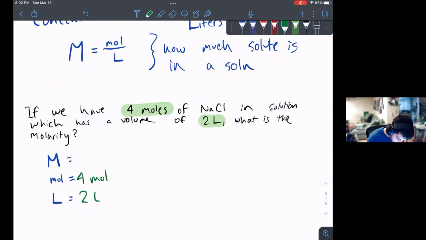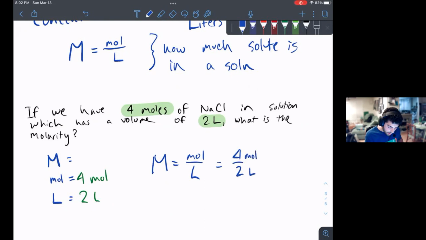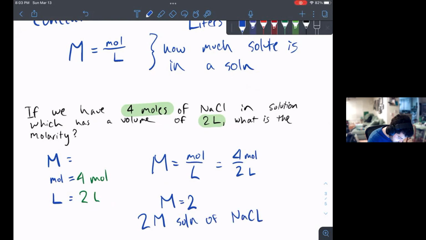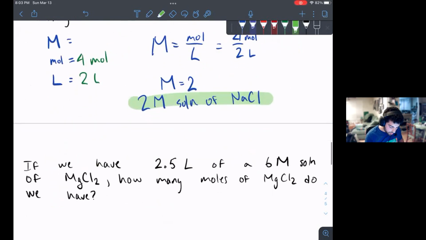And I see that I'm solving for M. So I can just do M equals mole over liter, which I can then substitute in for 4 over 2 mole over liter. And I can do that division, and so our M is equal to 2. And the way I would write this in final is we have a 2 molar solution of NaCl. Whoops, that is not a capital.